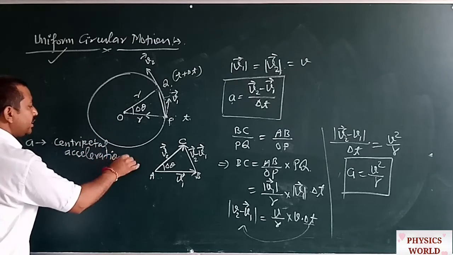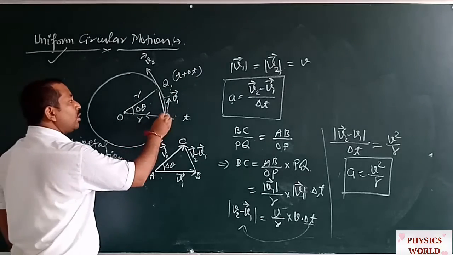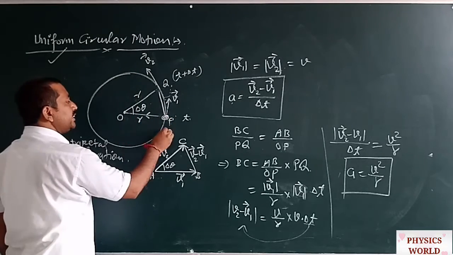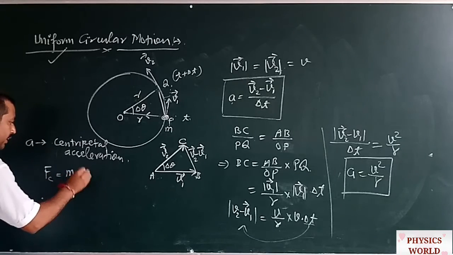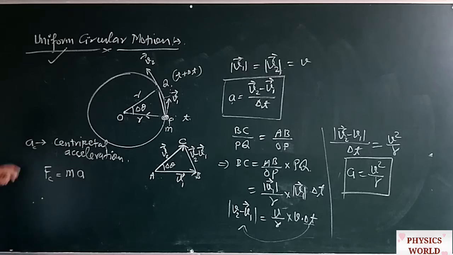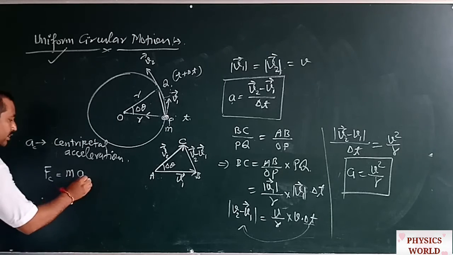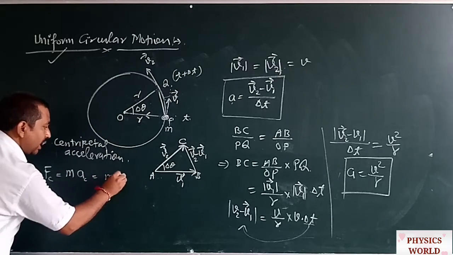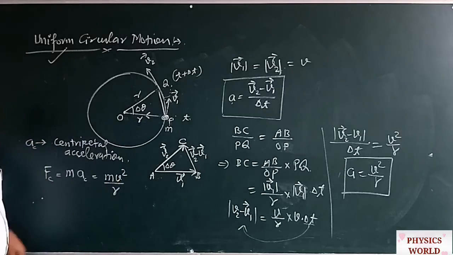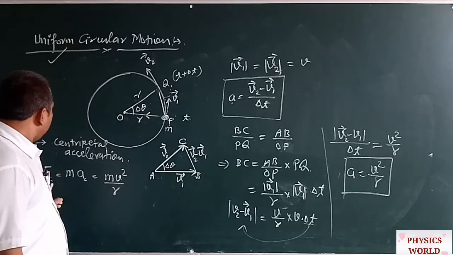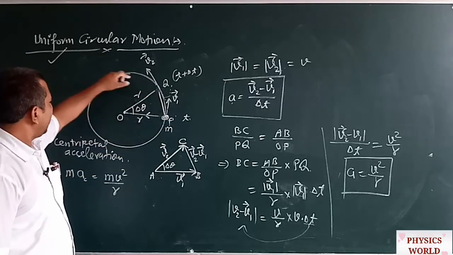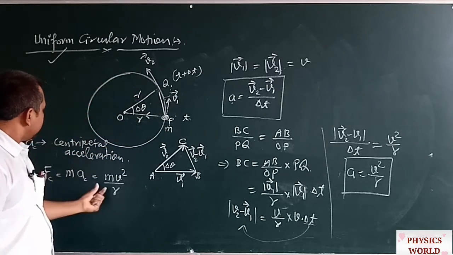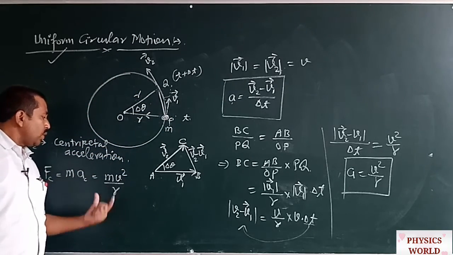And if we assume that the mass of the object revolving around the circular track is m, then the centripetal force acting on this object will be m into a. If this acceleration is represented by the symbol a_c, then the force acting on the object moving in a circular path will be equal to mv square by r.